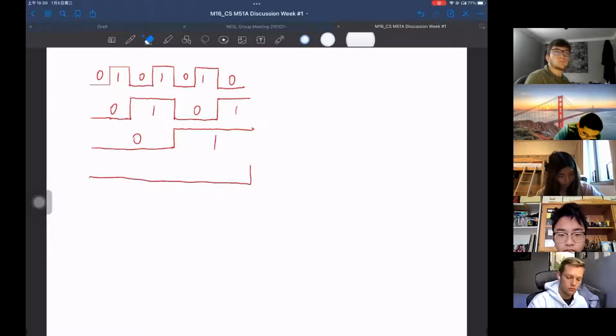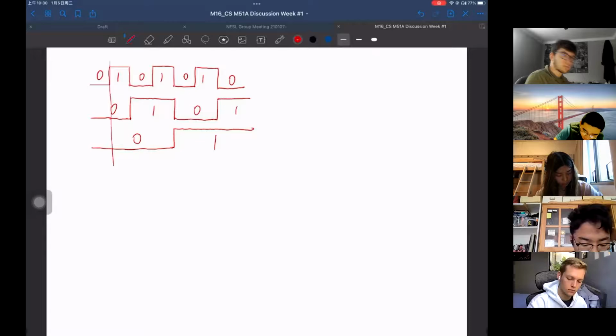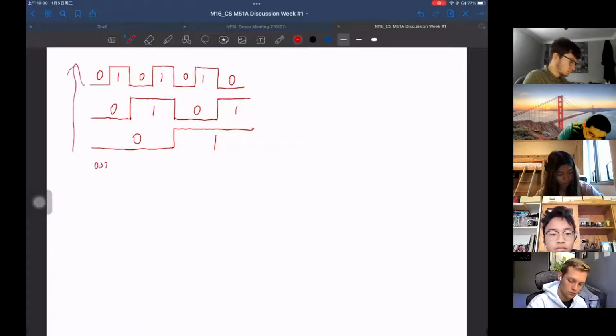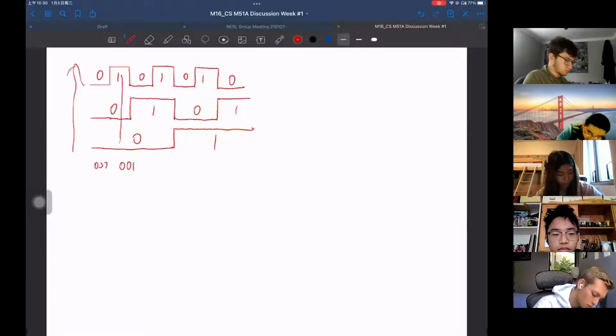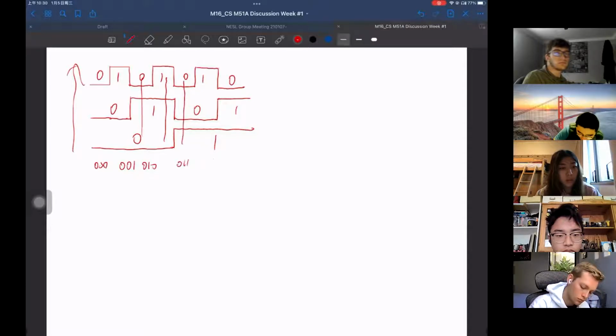Then when we summarize it and look at it vertically, the first is 0, 0, 0. The second one will give you 0, 0, 1, right? The third one will be 0, 1, 0. The fourth one will be 0, 1, 1. The fifth one is going to be 1, 0, 0.